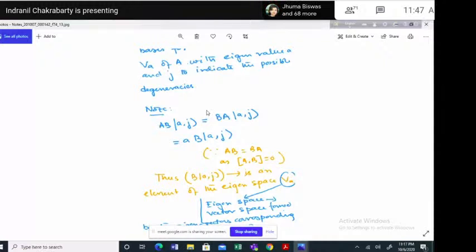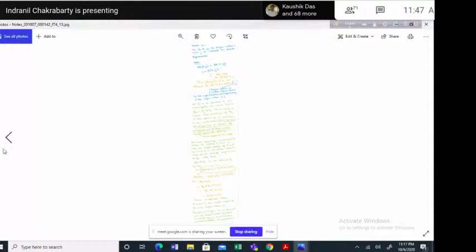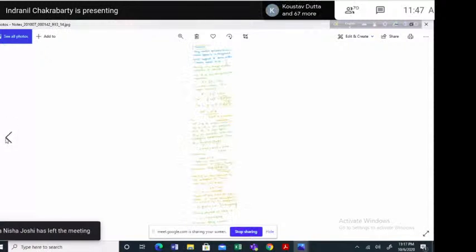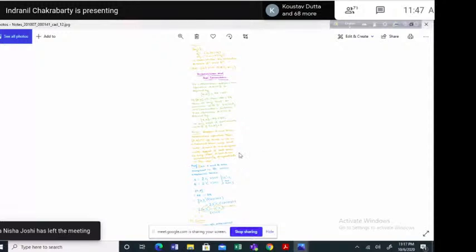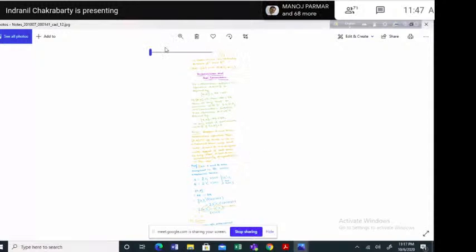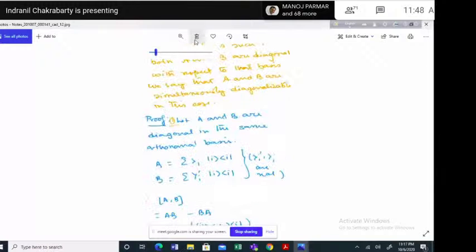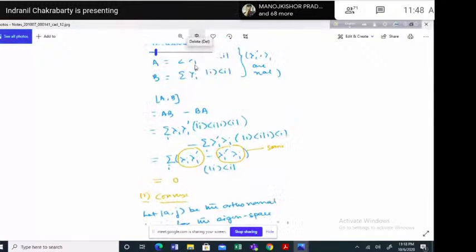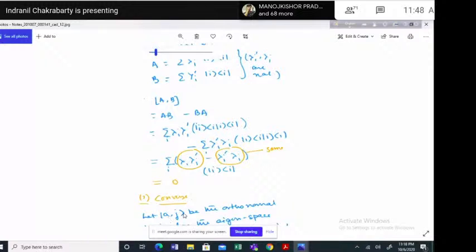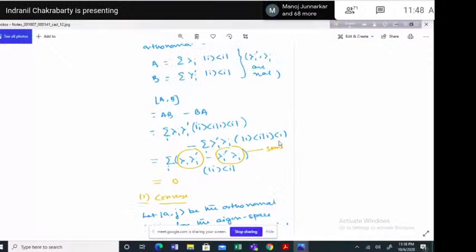So V_a is the eigenspace of A with the eigenvalue a, and j here indicates the degeneracies, right? Let us go back to the previous slide where I was defining the orthonormal basis.